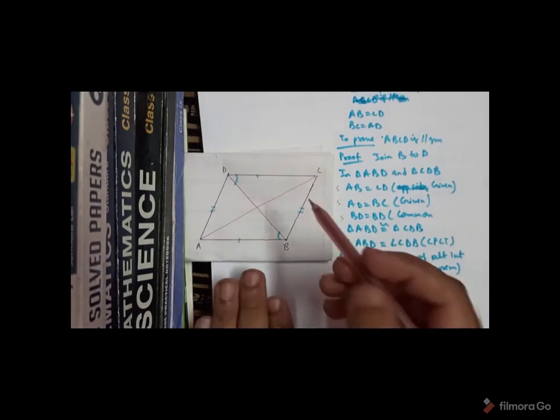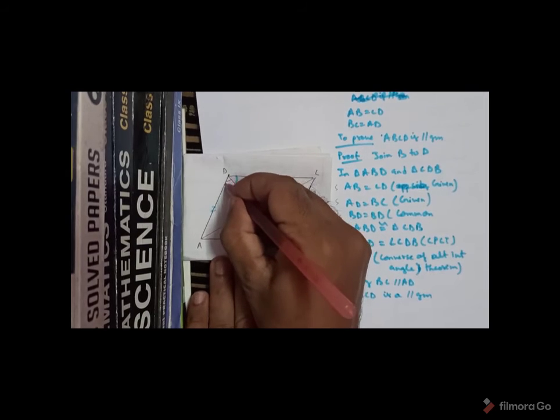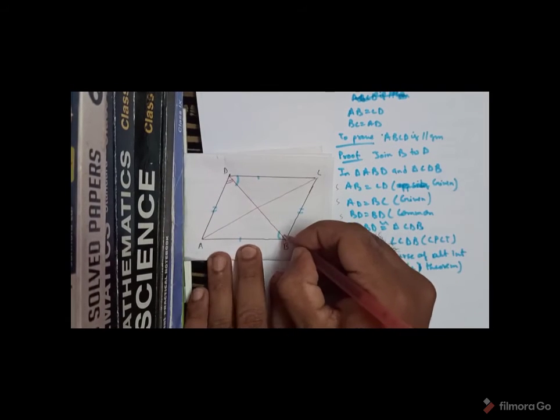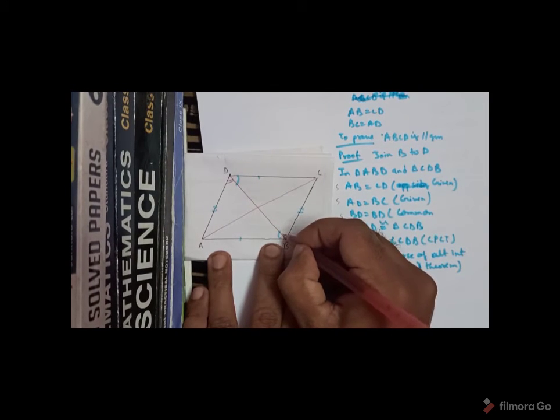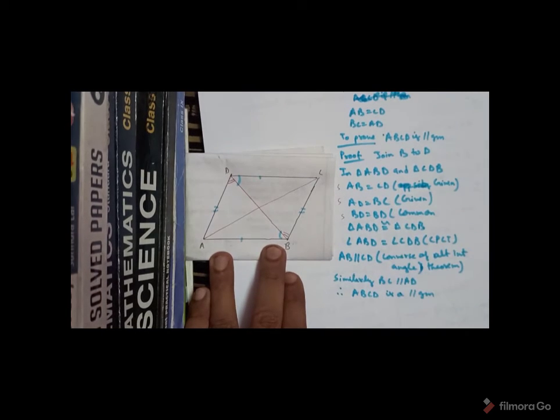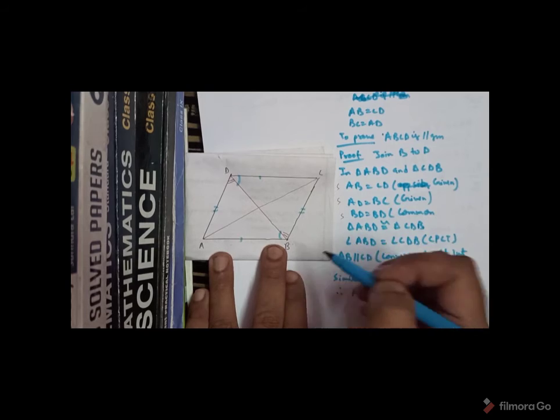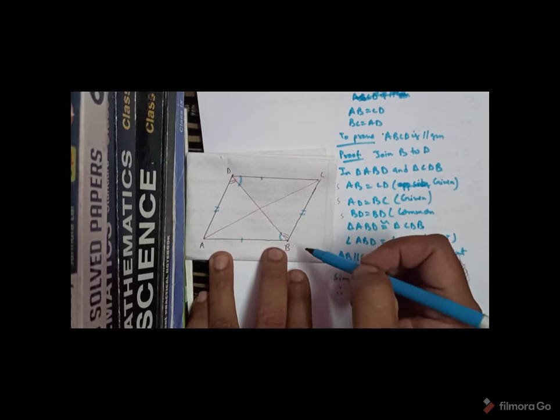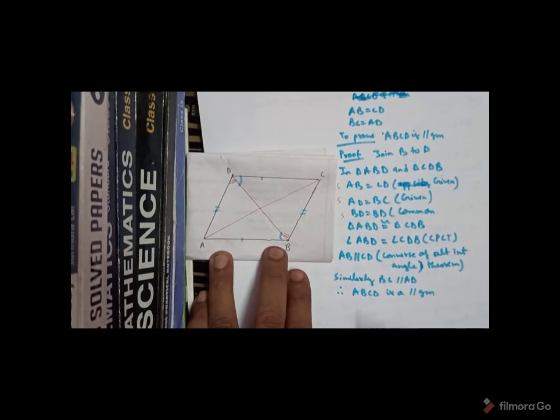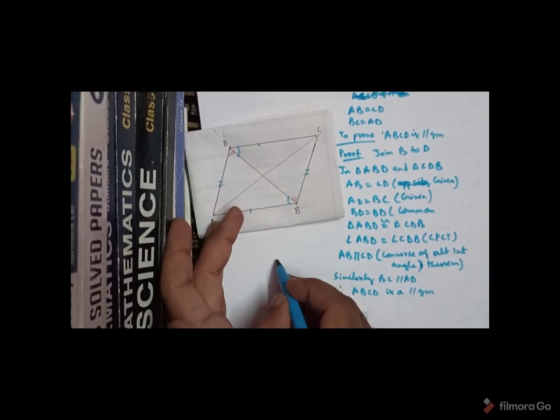In this triangle, this angle and this angle will be equal. That is, angle ADB and angle CBD are equal.